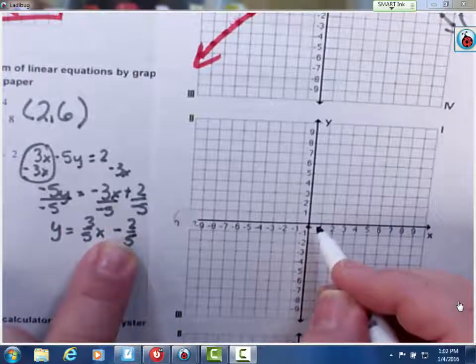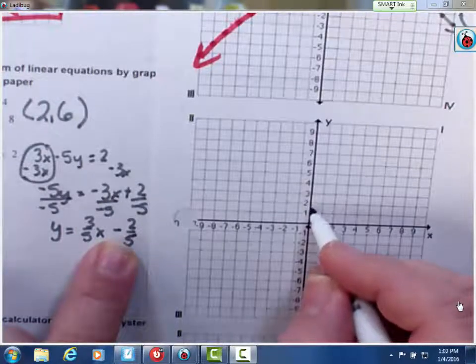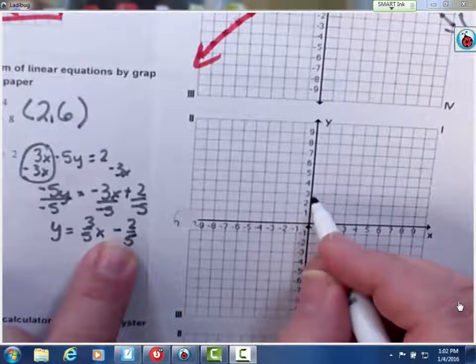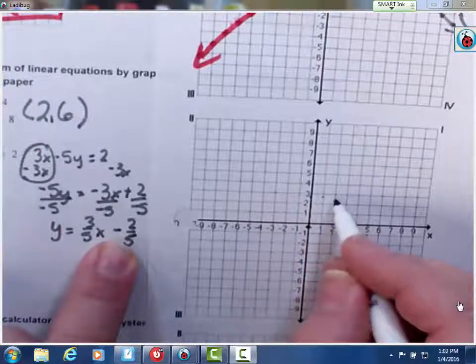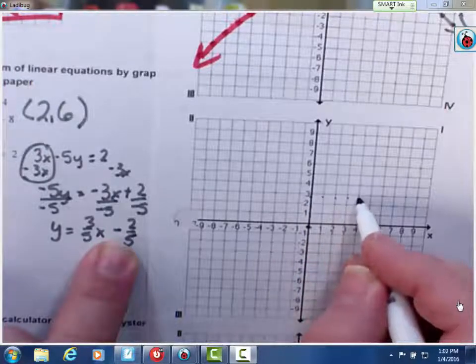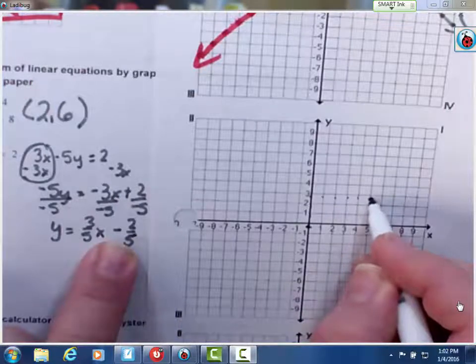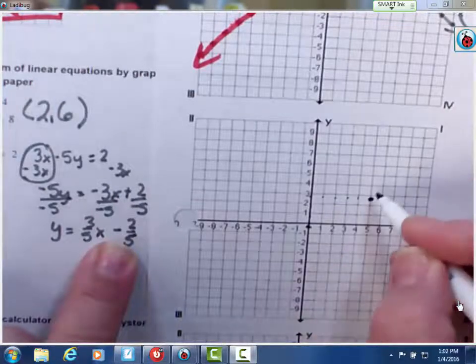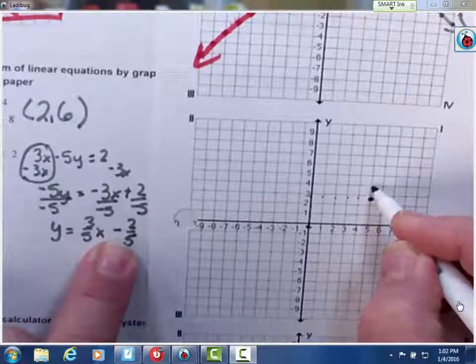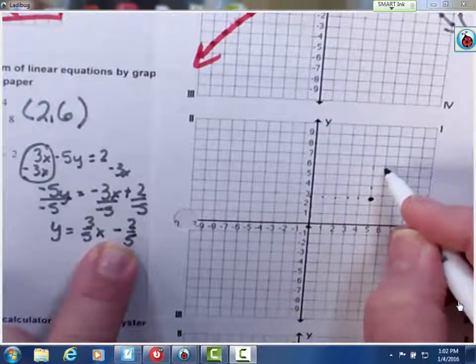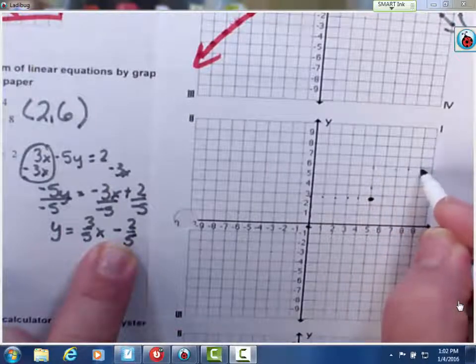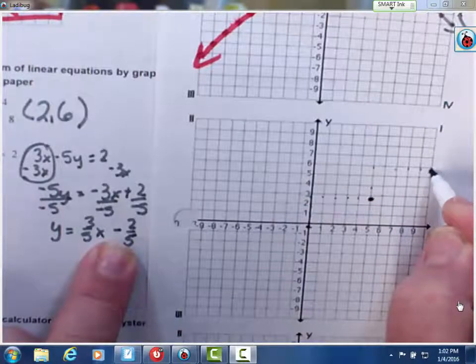Okay, so 1, 2, 3, and 1, 2, 3, 4, 5 would be my next point.